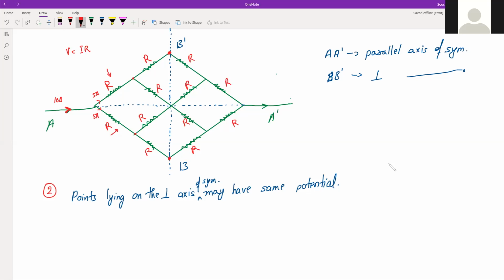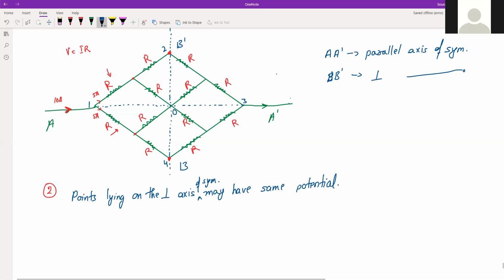So here and here again you will have the same potential. Let us give some names to these points. Let's say this point is 1, this point is 2, this is 3, this is 4, and let this be 0.